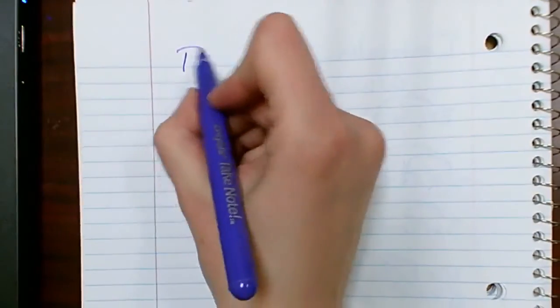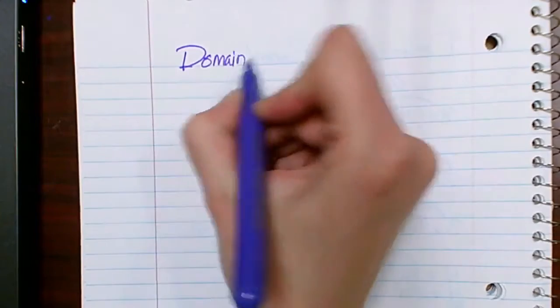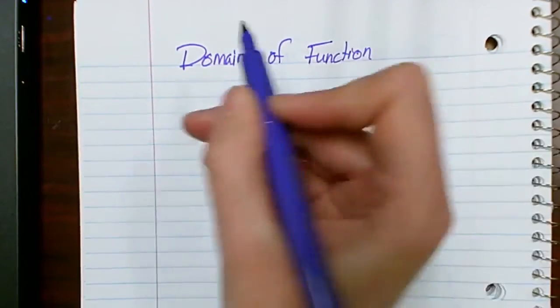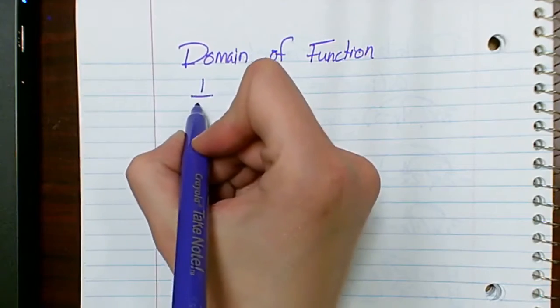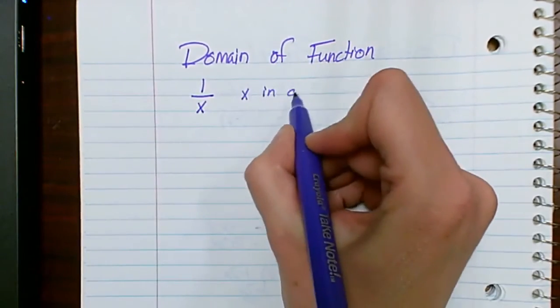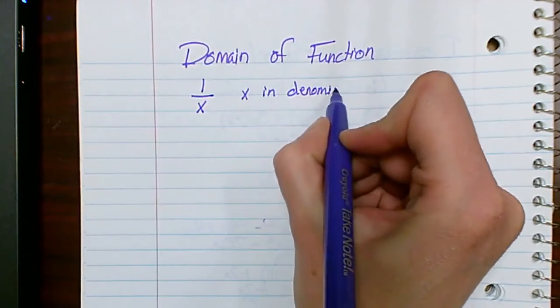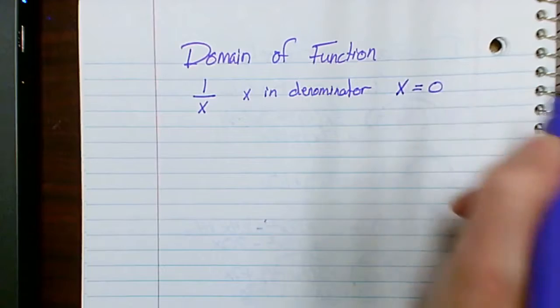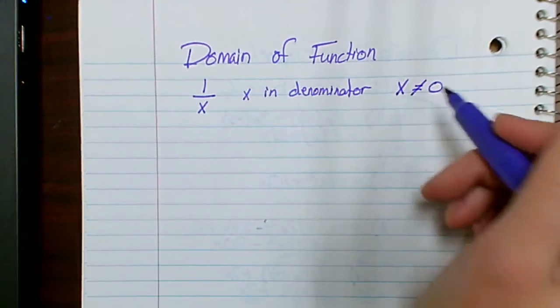So domain of functions. There are two rules. If your x is in the denominator, whatever you have in that denominator, you're going to set that equal to 0 and solve.